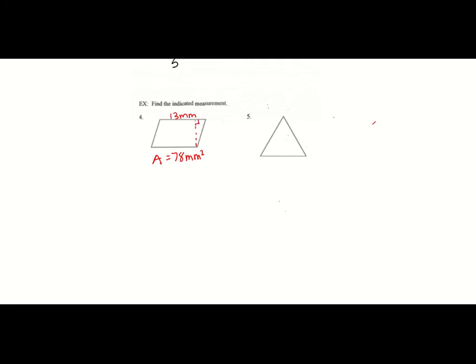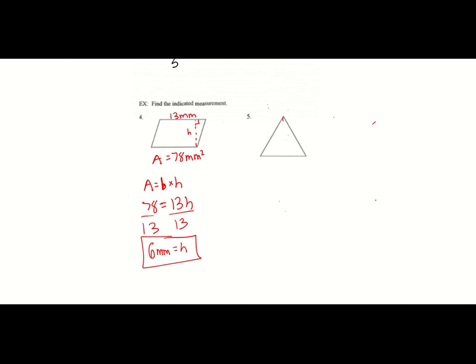That is what we want to find out. Well, we know that the area of a parallelogram is base times height. If the area is 78 and our base is 13, we can find out what our height is by dividing by 13. And we get 6 millimeters is equal to our height for that parallelogram.